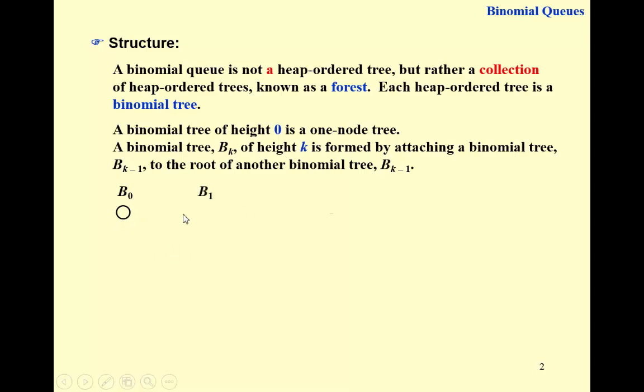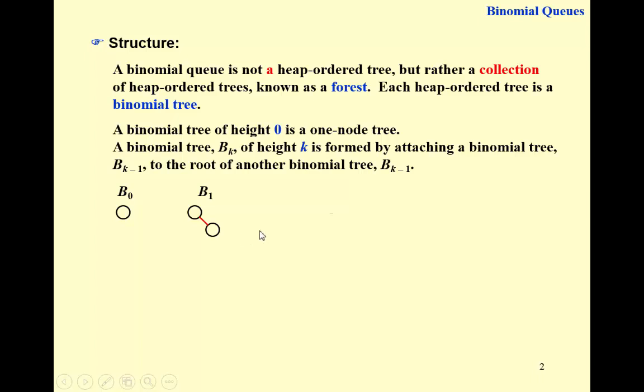Now how about B sub 1? According to this definition, B sub 1 must be formed by attaching B sub 0 to the root of another B sub 0. That is, we have two B sub 0s, and we attach one to the root of the other one. So this is what B sub 1 looks like.